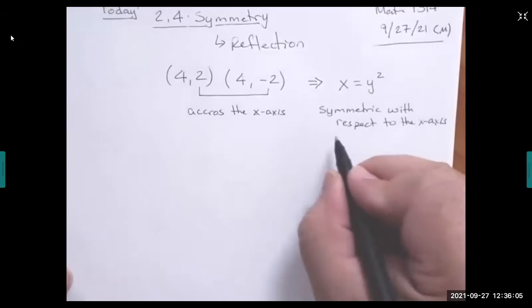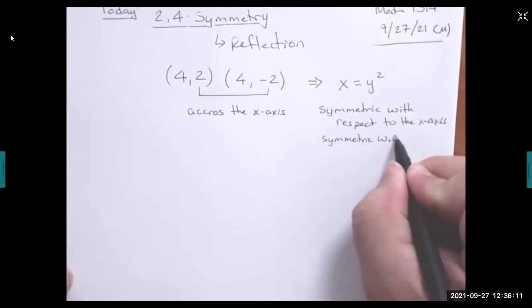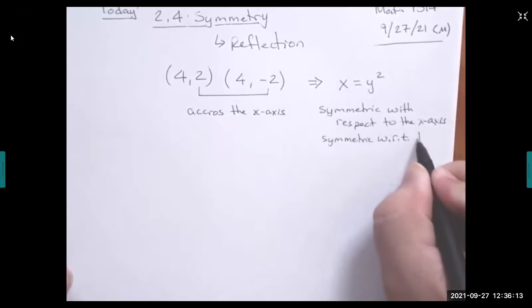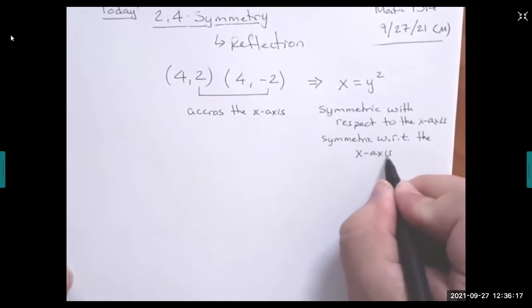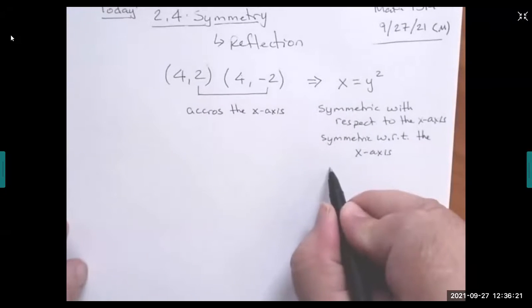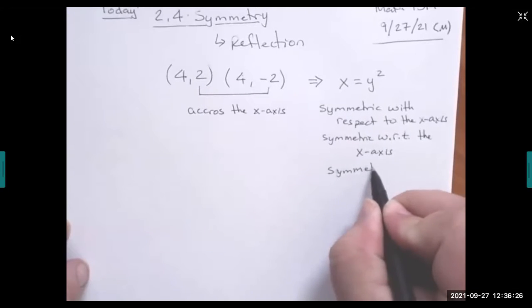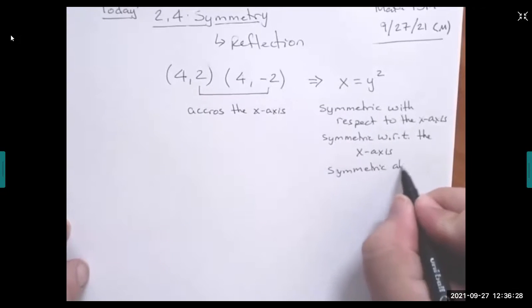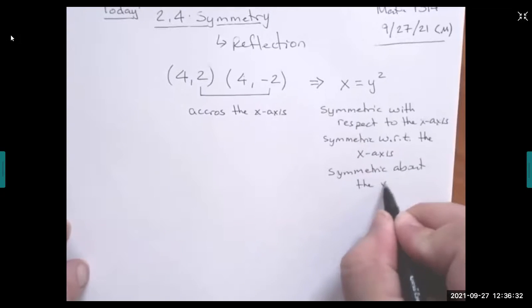Another way we could say that is symmetric WRT the x-axis. WRT is just an abbreviation for with respect to. Or we can say symmetric about the x-axis.